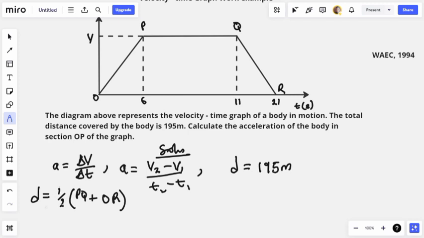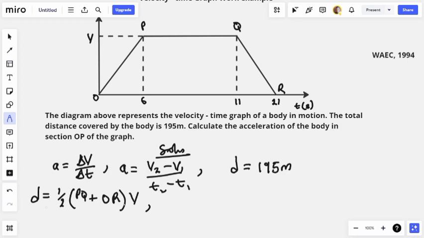The height in this case is represented by V, velocity, times V.